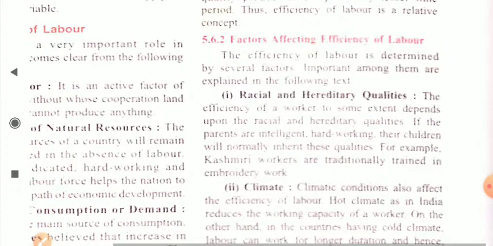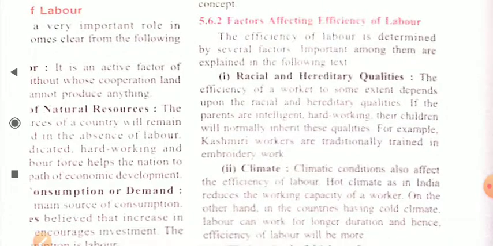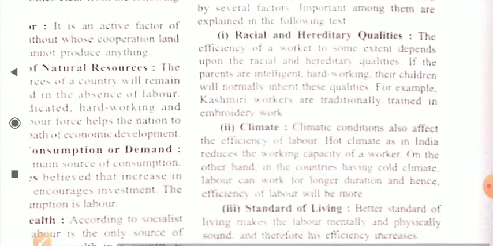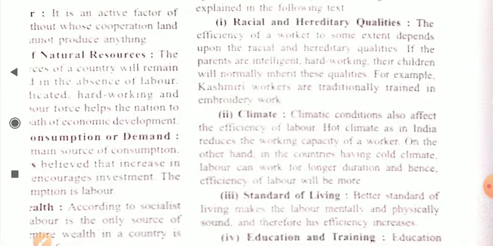Now next are the factors affecting the efficiency of labor. What are those factors which affect the efficiency of our labor? Dear student, the efficiency of labor is determined by several factors, and the important ones are explained in the following points. The first is racial or hereditary quality.